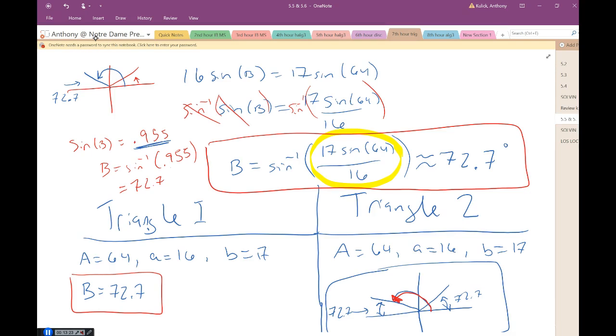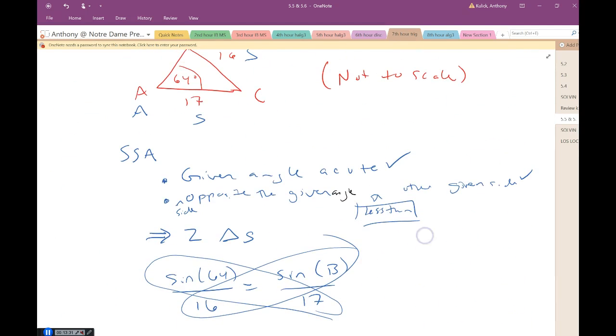In your previous situations, when we do this, the other options here, like if the given angle was obtuse, you can't get an angle in the second quadrant because that angle is bigger than 90, and two angles that are bigger than 90 are bigger than 180. So that's nonsense, right?